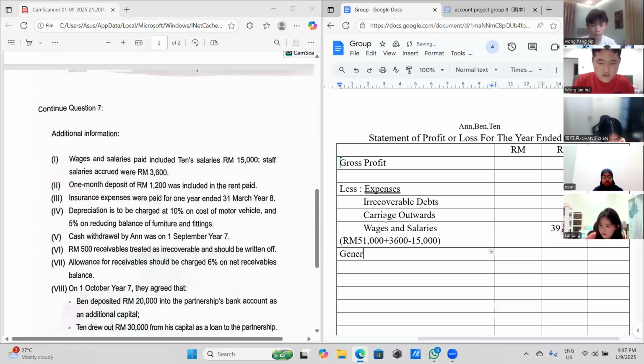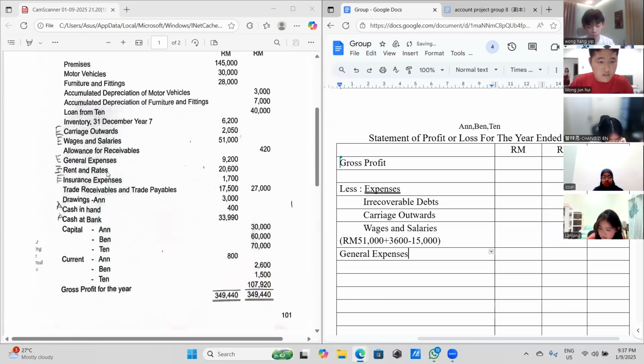And the general expenses over here, 9,200, we write it at the second column.